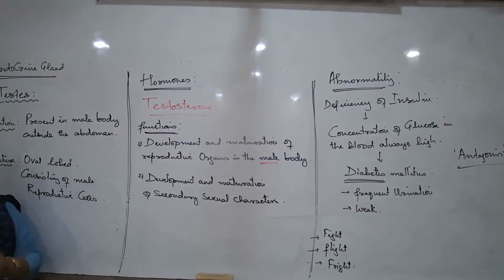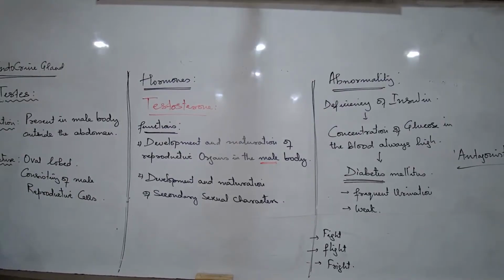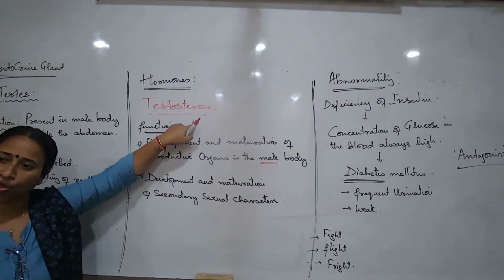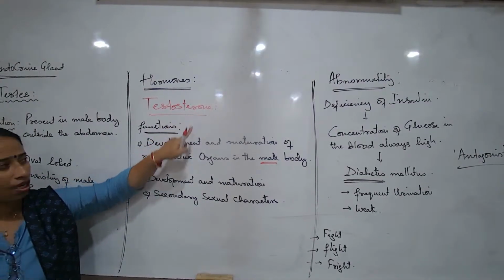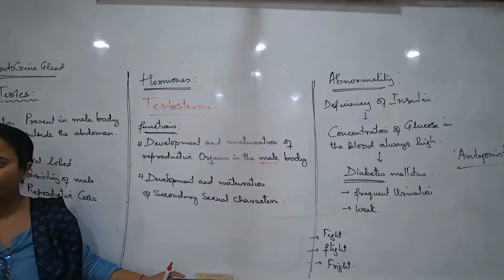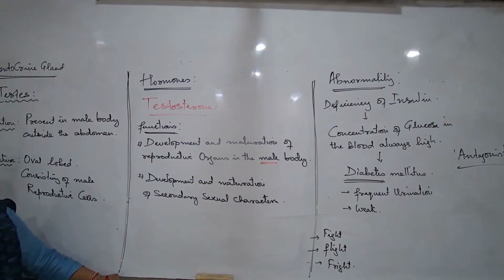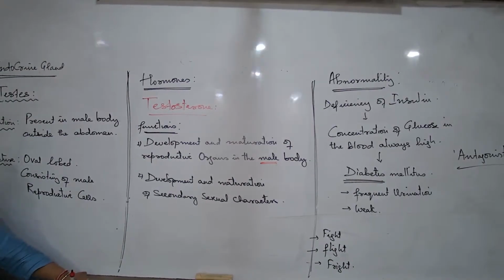Contrast when I talk about the female body also, because of the hormone, those features. We learn that also. So in case, instead of testosterone, I write the female hormone estrogen, then the features will be scanty body hair, shrill voice, narrower shoulder and wider hip.